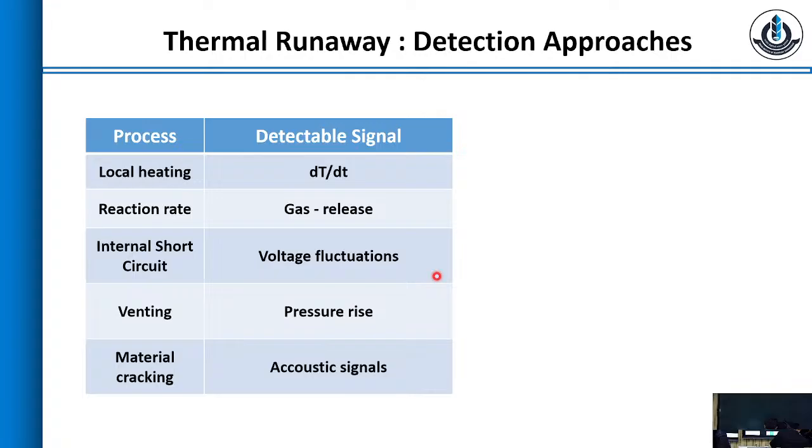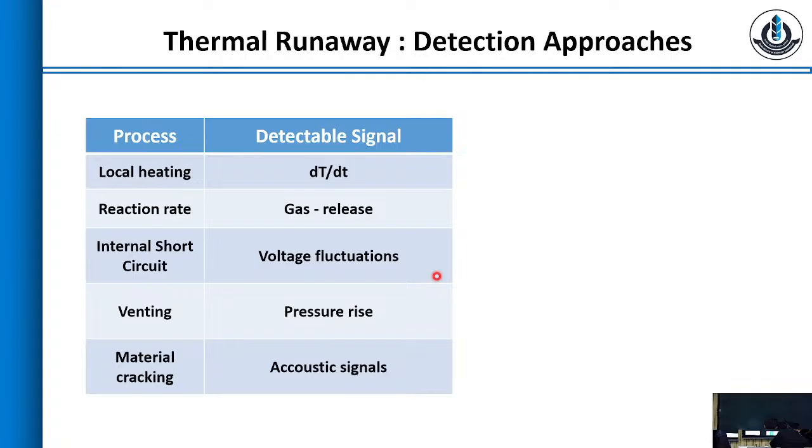Then, because of these exothermic reactions, some gases may be released and vented out, so you might have sensors looking at these trace gases released in the initial processes. Because of an internal short circuit, if you are continuously monitoring the voltage, there might be voltage fluctuations when these things happen. Then there could be pressure sensors because of venting.